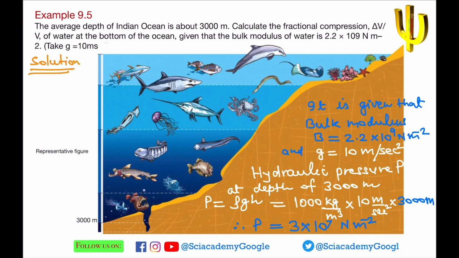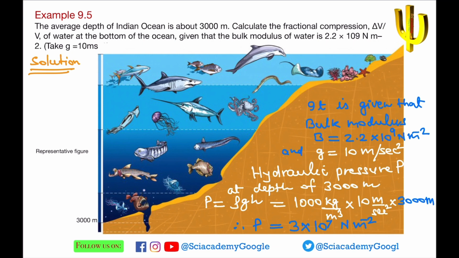It is given that the bulk modulus of the water is 2.2 into 10 to the 9 Newton per meter square. Acceleration due to gravity is given. So hydraulic pressure at a depth of 3 kilometer can be given as P equals rho g h, where rho is the density of the water, g is the acceleration due to gravity, and h is the depth of the water column.